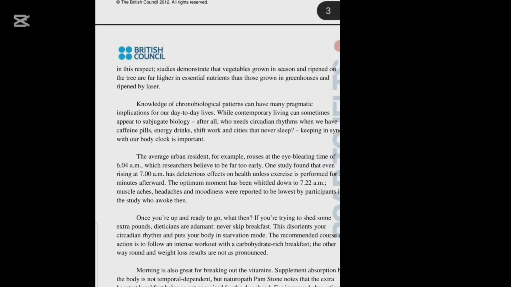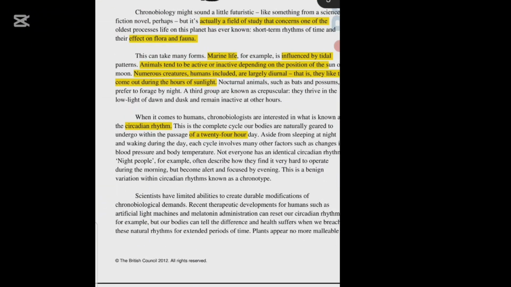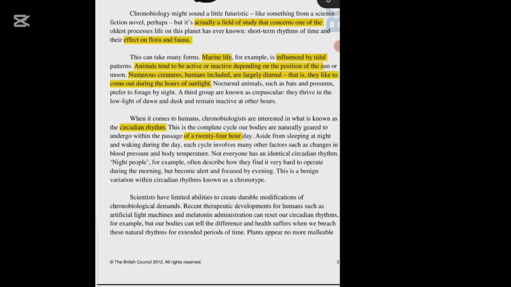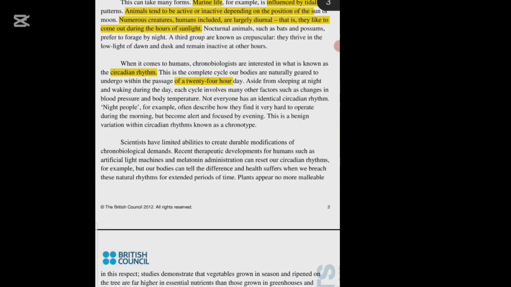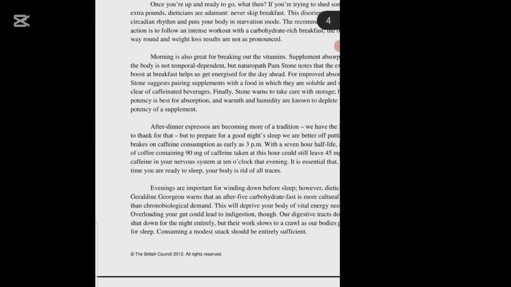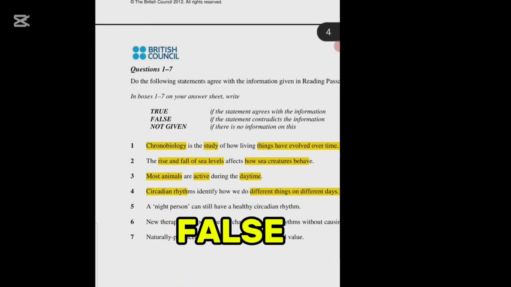So obviously, what we have here about circadian rhythm is the fact that it is the complete cycle our bodies are naturally geared to undergo within the passage of a 24-hour day, not different days. It's about what our body does within a day, not different days. So obviously that is a false statement.